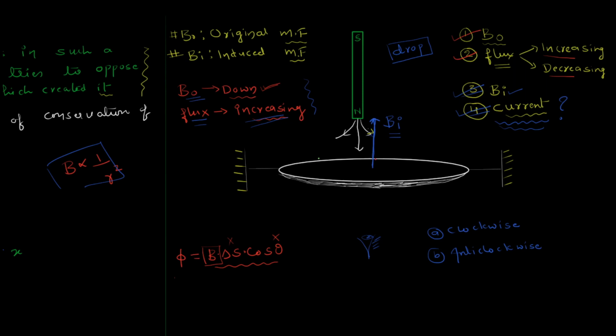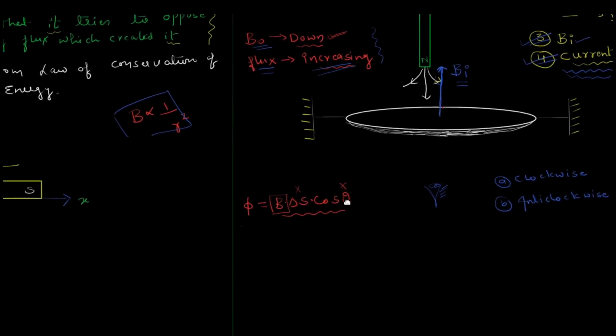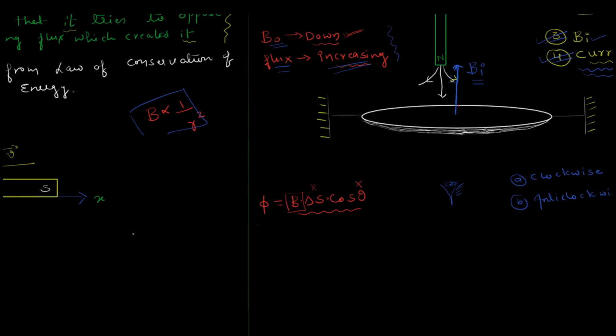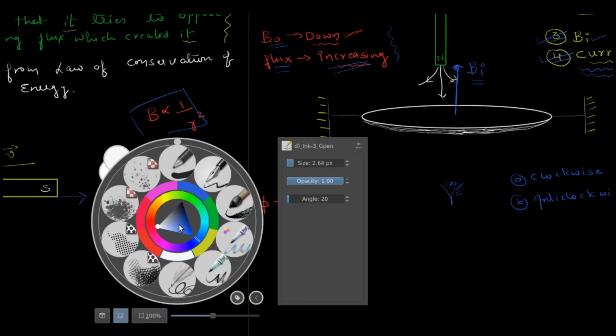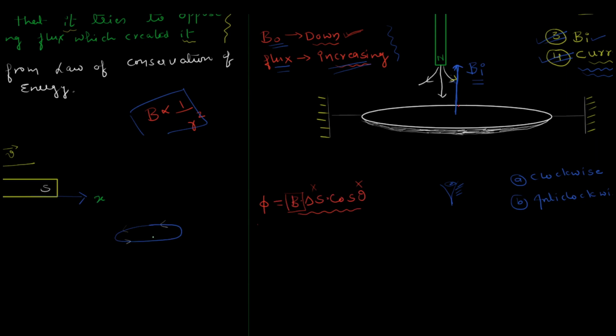For this we can go a little bit behind in our discussion and remind you that if you have a ring like this in which the current happens to be in this direction, how do you identify the direction of magnetic field? It's the right hand rule. Use your right hand to hold the ring itself, and bring the thumb out such that your fingers are in the direction of the current.